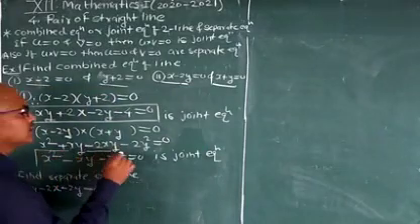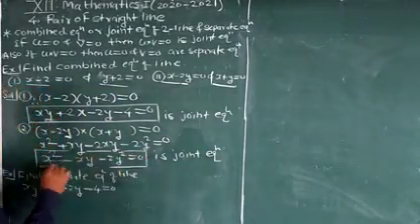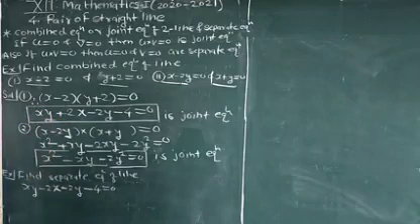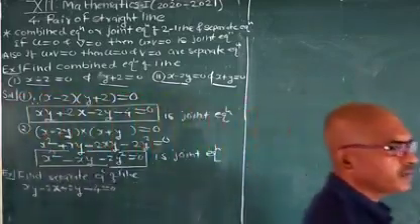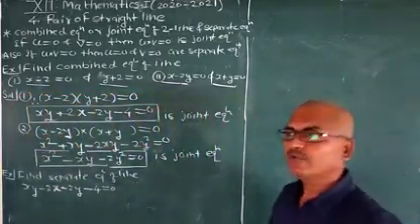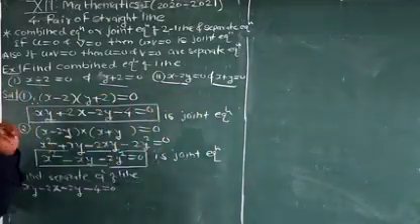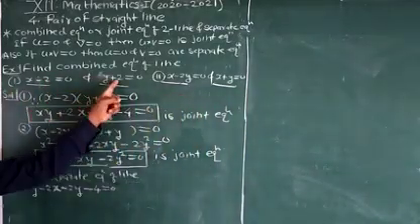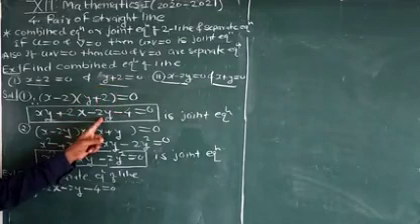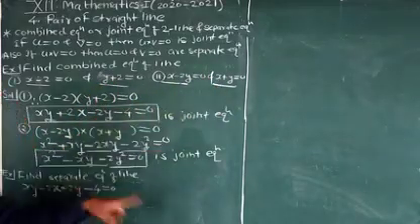This is the simple one for 2 marks. Now the reverse question: if these are the separate equations, then the combined equation is this.